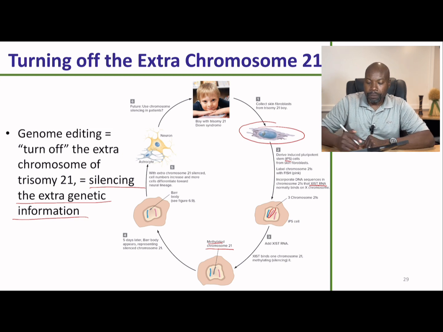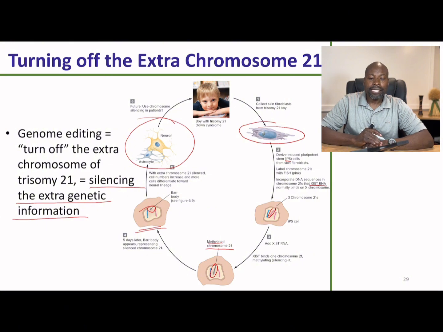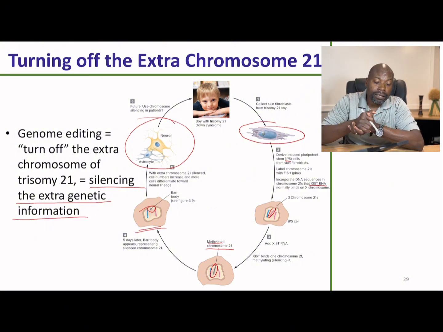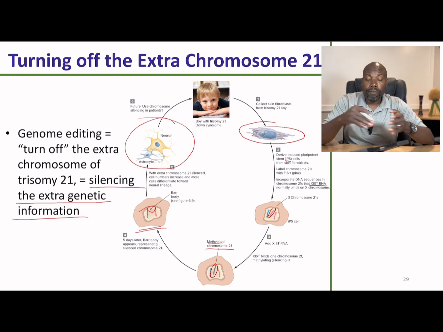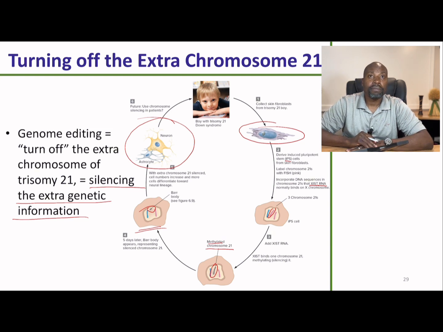So at the end of the day, the heavily methylated chromosome is going to form a bar body, and that chromosome is not going to be expressed anymore. And now, this modified cell can differentiate into different kinds of cells, and these cells can be put in a patient, and they are going to thrive and form different kinds of cells in the body of that individual.